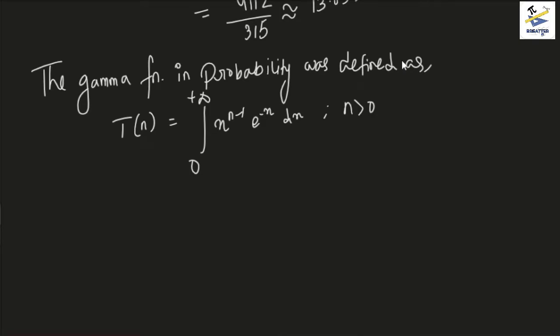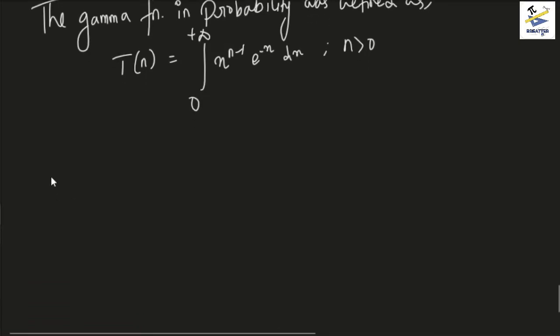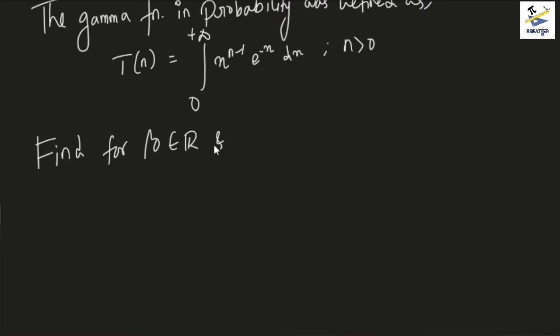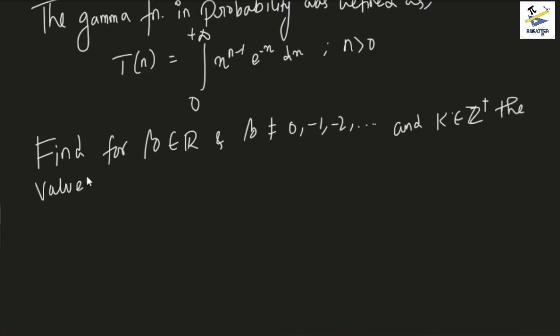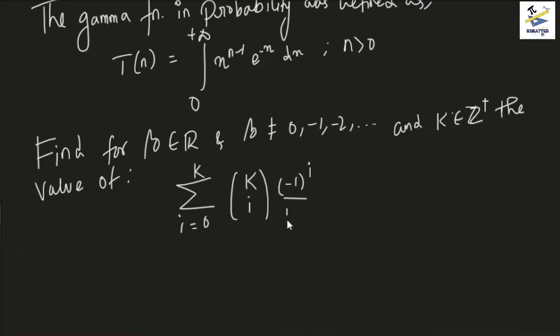Now what we are going to do is some binomial coefficient sums regarding the gamma function. So we are required to find this value.